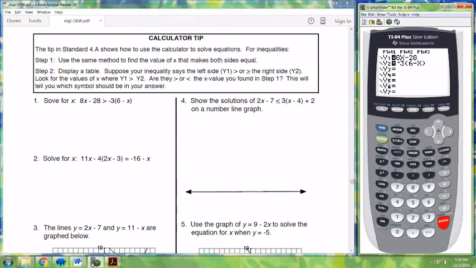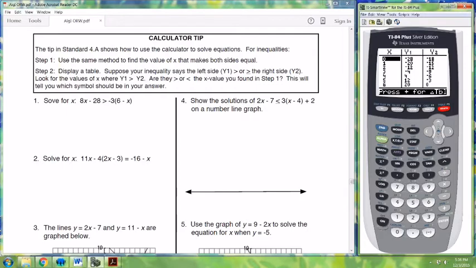What I want to do is go to the table and see when the y1s are greater than the y2s, because that's what the inequality says. When is the left-hand side of the equation bigger than the right-hand side? So I'm going to go to my table, and we're trying to see when the left-hand side numbers are bigger than the right-hand side numbers. Okay?